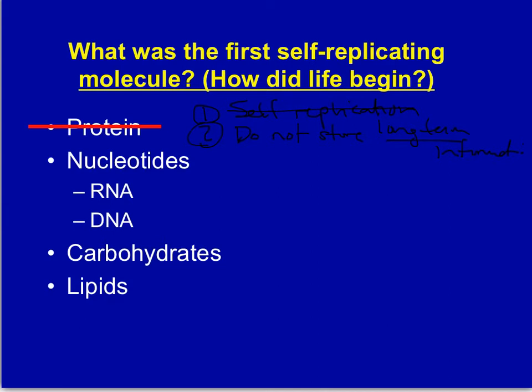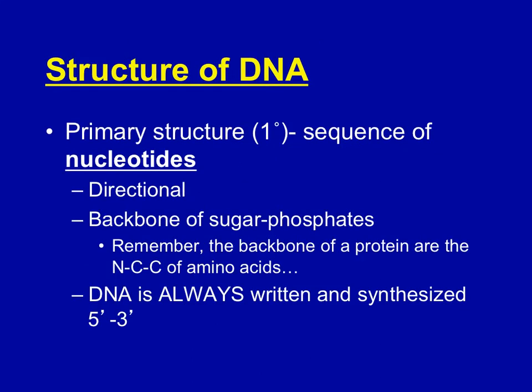Proteins were not the first self-replicating molecule that we know about, and so today we're going to talk about nucleotides and RNA and DNA. We've already talked a little bit about the structure of RNA and DNA.